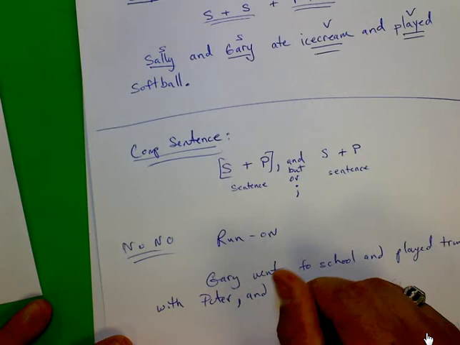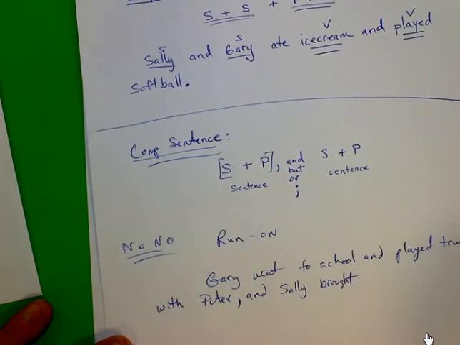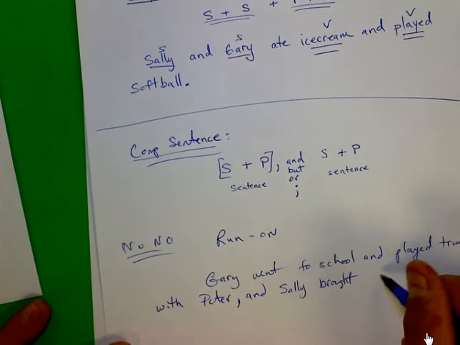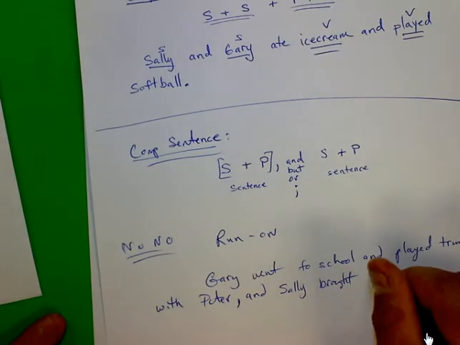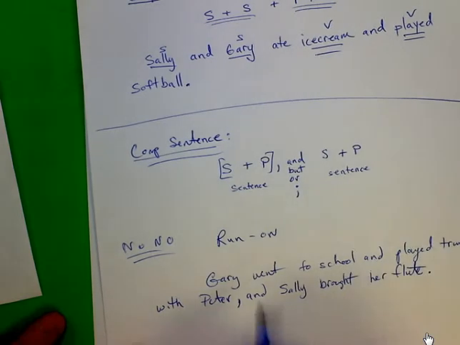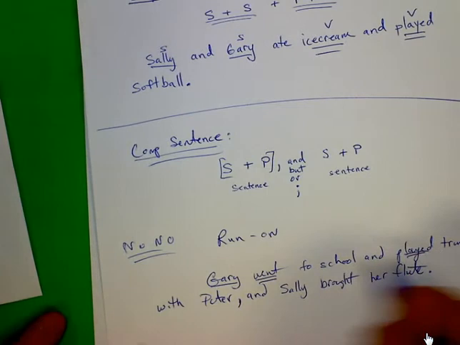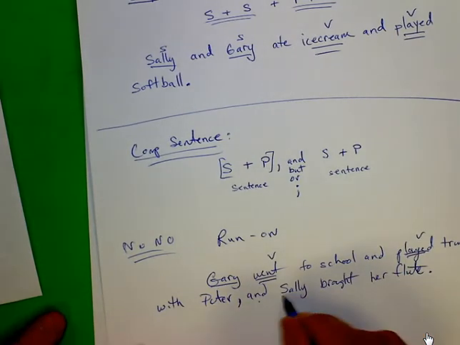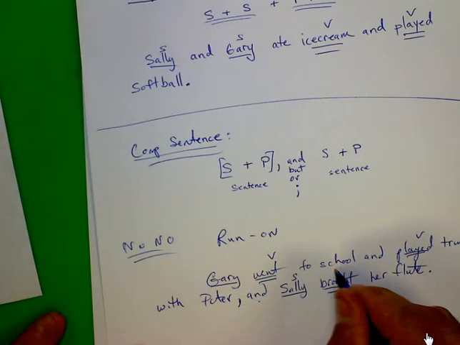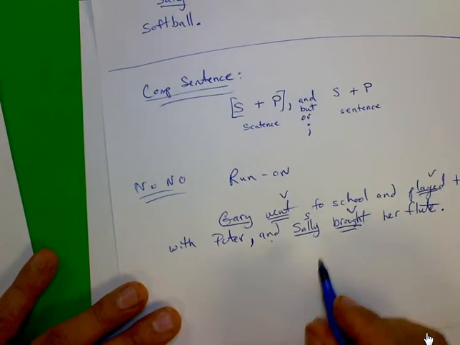And Sally brought her flute. Okay? Period. So we have subject, he went to school and he played. We have two verbs. Okay? And new subject, one verb. This is a compound sentence. That's okay.